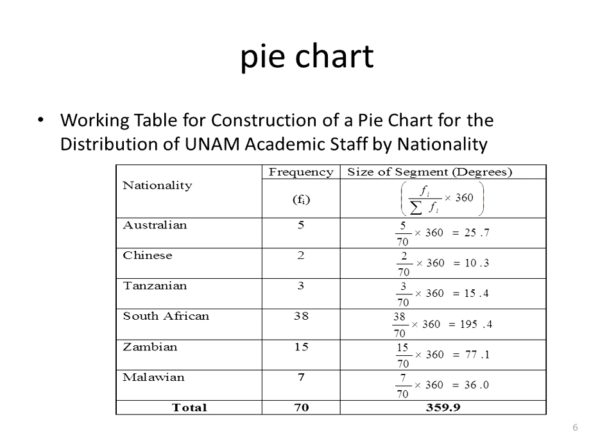So the size of the segment in degrees is given by the frequency of the segment over the total frequency. In this sense, for Australia, we take 5 over 70 times 360, giving us 25.7.